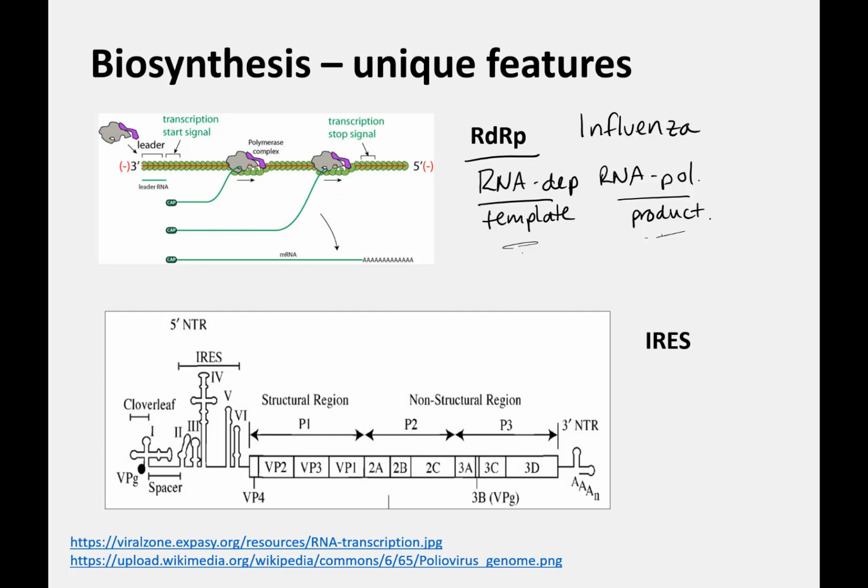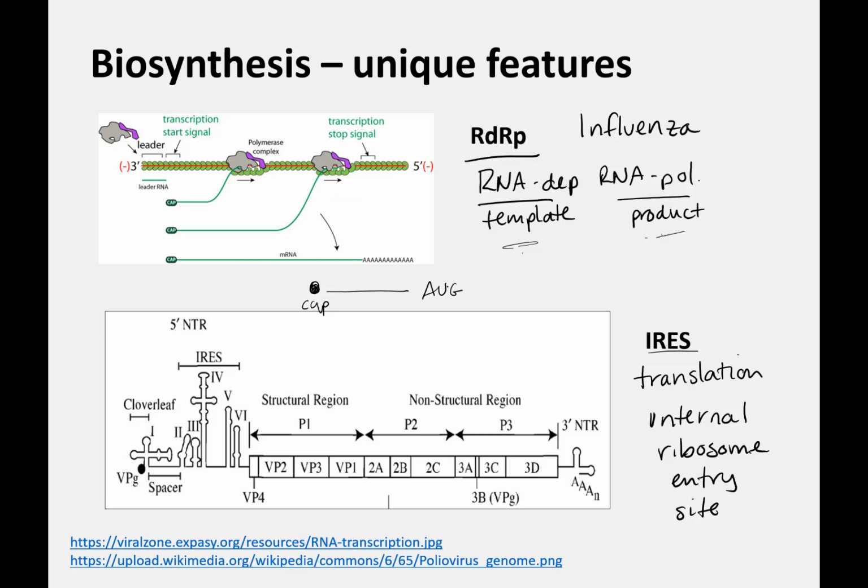Some viruses do translation a little bit differently. Some viruses have what's called an IRES, or iris. This stands for internal ribosome entry site. So instead of binding to the cap and scanning, remember our mRNAs have a cap, and somewhere down here you have your AUG, and the ribosome binds and scans.